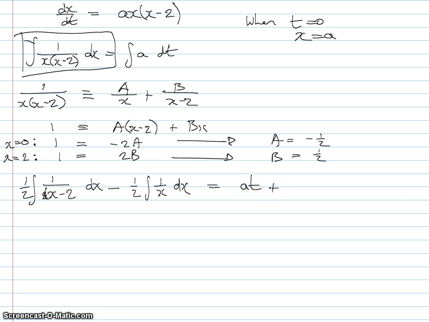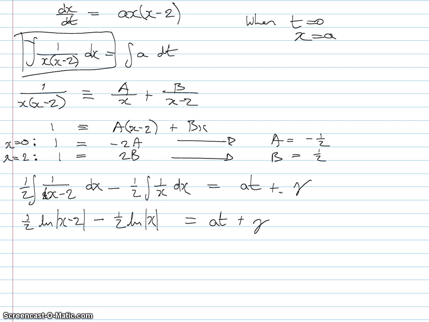I've used c and k already, so my next favorite constant would be, let's use gamma. Okay, so what do we do from here? Now I can integrate both of these. I get a half ln(x - 2) minus a half ln x is equal to at plus gamma.